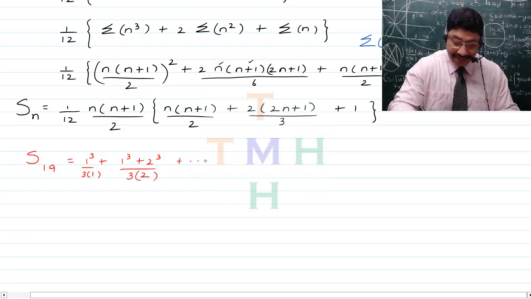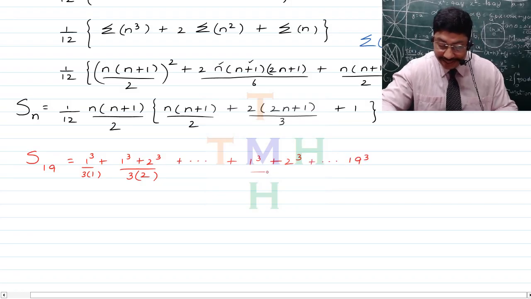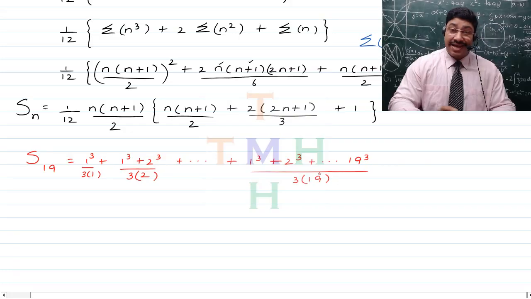And all of that is going to continue up to the 19th term, which is 1 cube plus 2 cube and so on up to 19 cube, and then in the denominator we have 3 times 19, right? Now this is going to be S19.